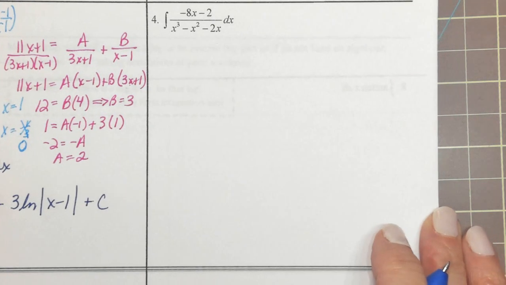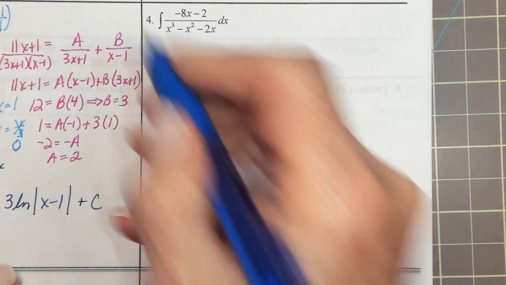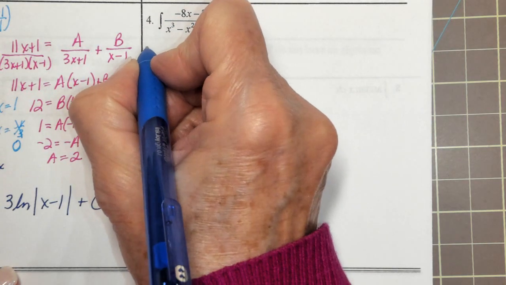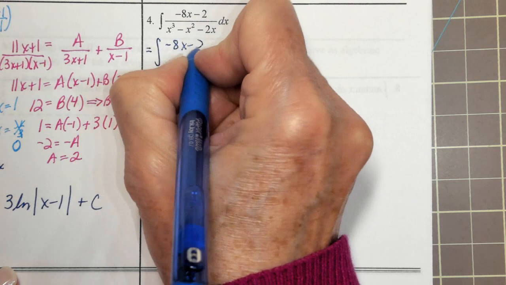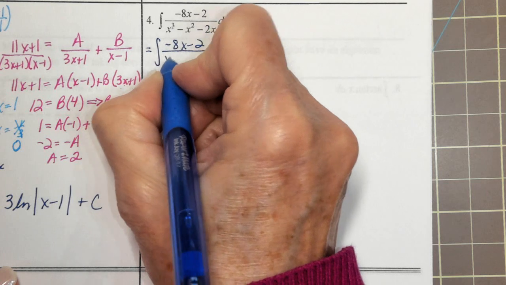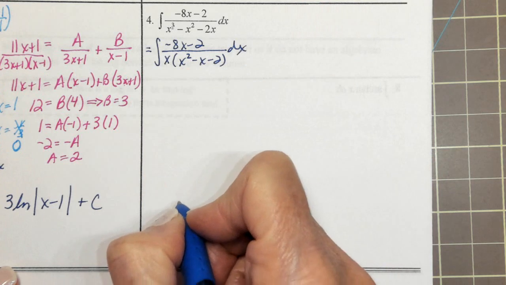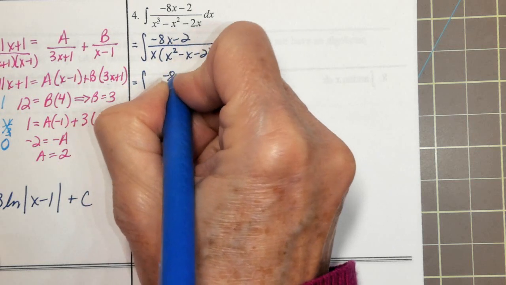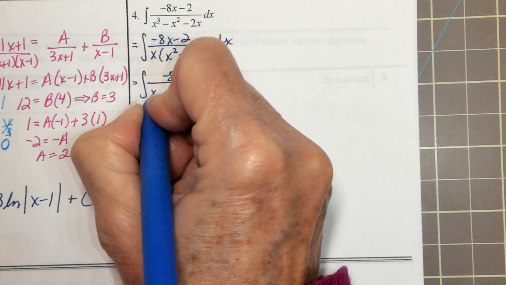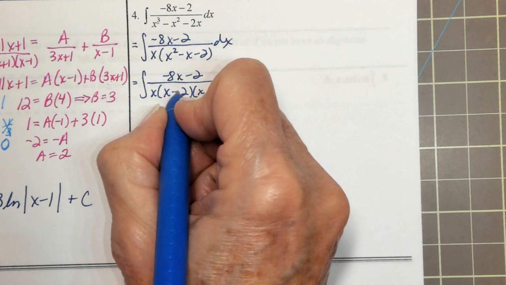One more, and honestly, if you're watching this video, if you want to stop right now, you have my blessing. But if you're hanging in there with me, I'm going to rewrite this as negative 8x minus 2 over, I'm going to factor out an x, and then continue to factor that denominator: x and x, 2 and 1, and this 2 needs to be a negative.